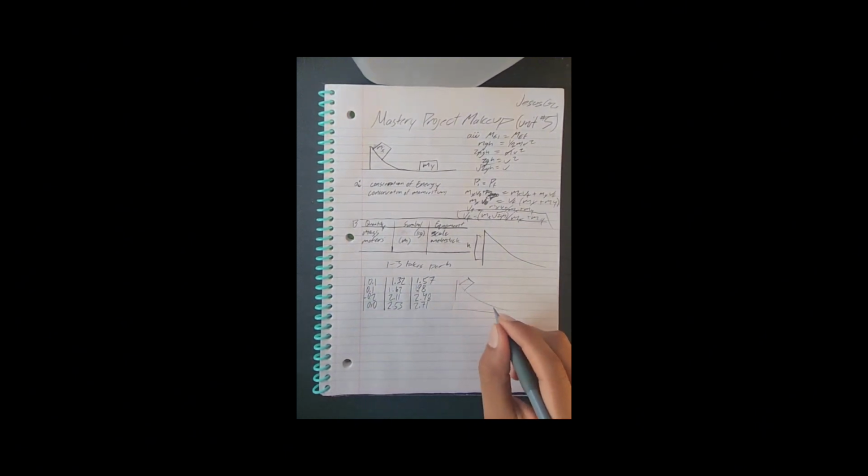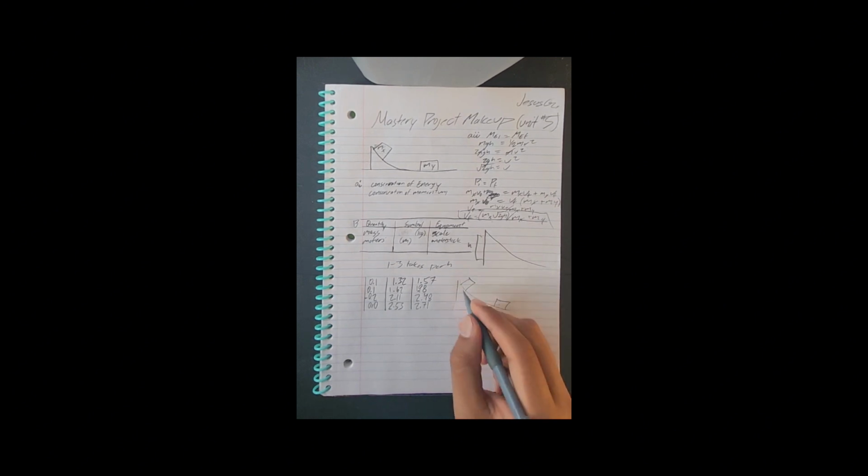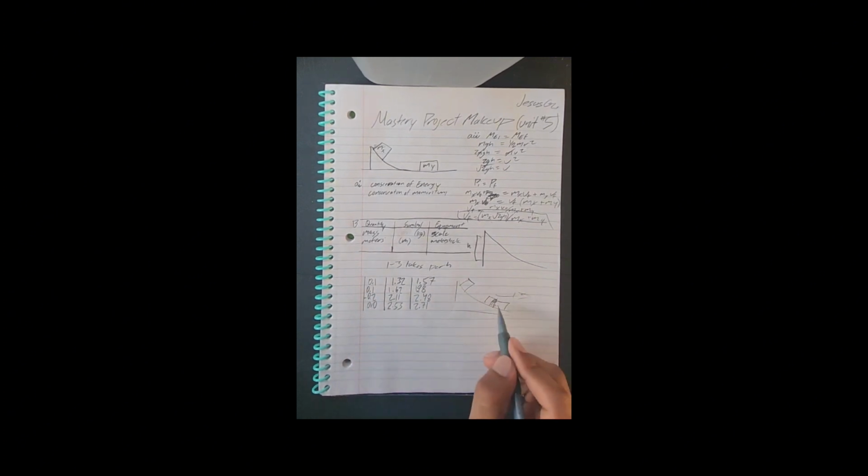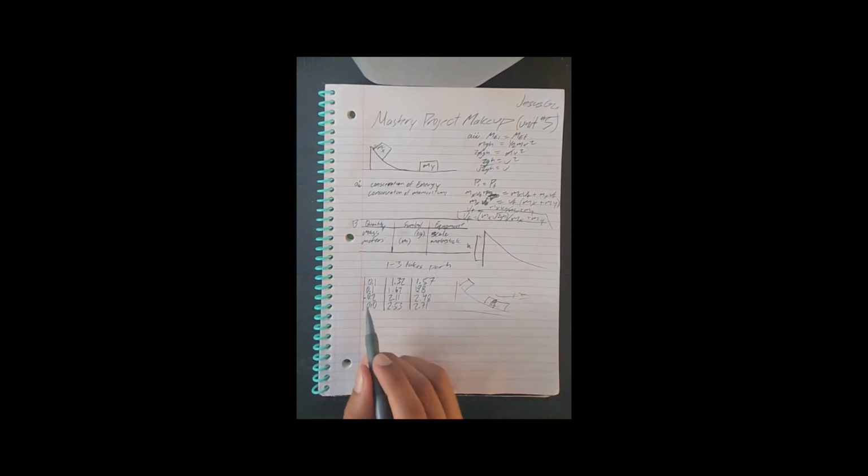A block comes out here, hits it. This is the velocity after it hits, so after the moment of impact as they're both going through. As you can see, at some point it goes back in the negative direction, something like that. But the question is asking, why is it that when you add them up, they don't add up to the predicted velocity?